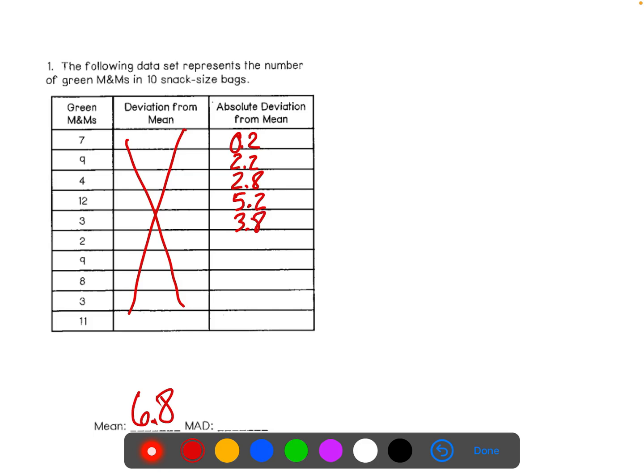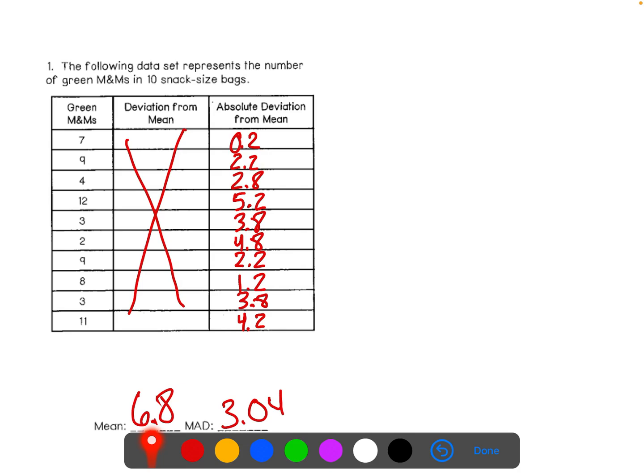And then if you remember, our last step is to find the mean again. But the mean this time is going to be of the values that we're writing this time. So all of these deviations are going to be combined, added up. We'll get our total and divide it by 10, and that'll give us a mean absolute deviation of 3.04.